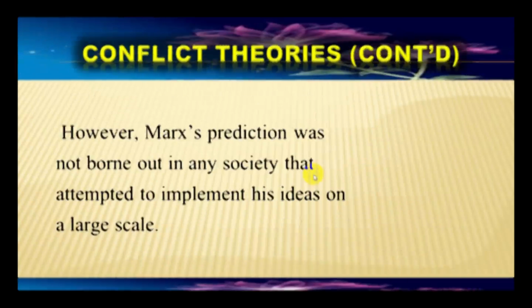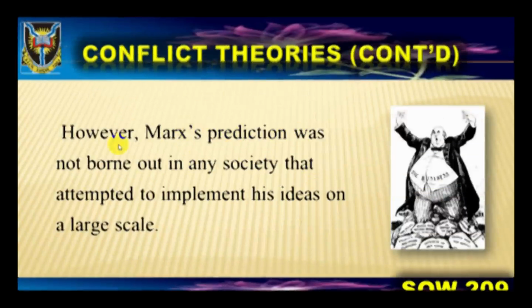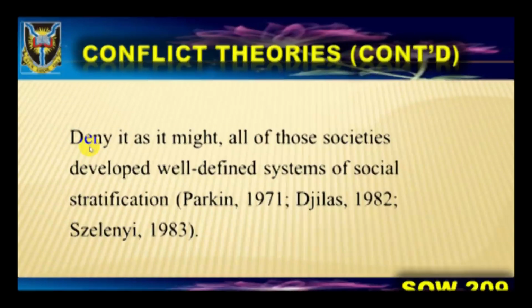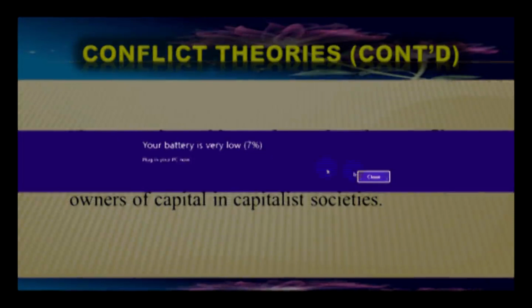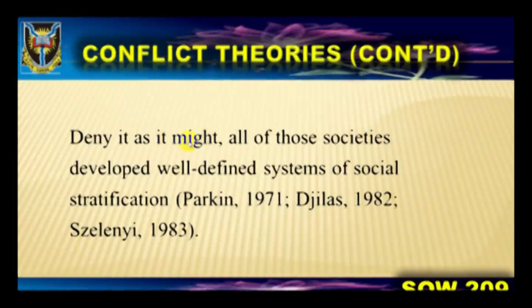However, Marx's prediction was not borne out in any society that attempted to implement his ideas on a large scale. Deny it as they might, all of those societies developed well-defined systems of social stratification.